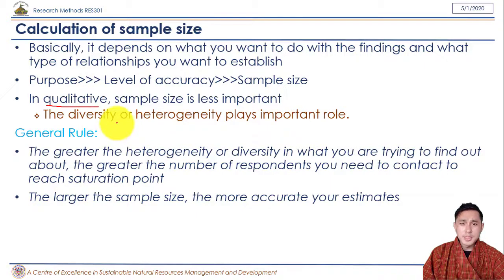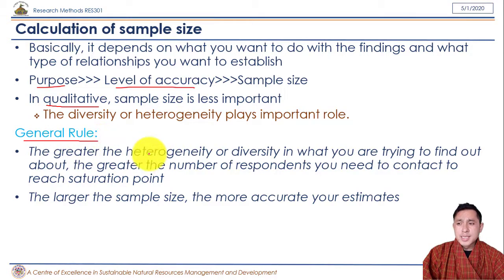But if it is quantitative, then you really need to determine the sample through some sort of formulae or some other procedures we should be looking at in a while, and then you need to choose more if you need more accuracy, and if you need less accuracy, choose less. So it really depends upon the purpose and the level of accuracy.